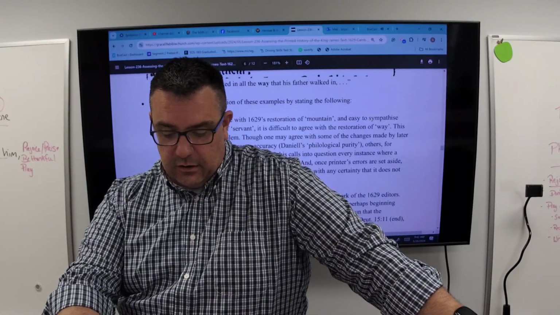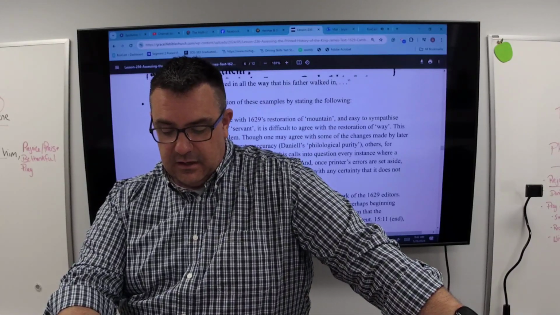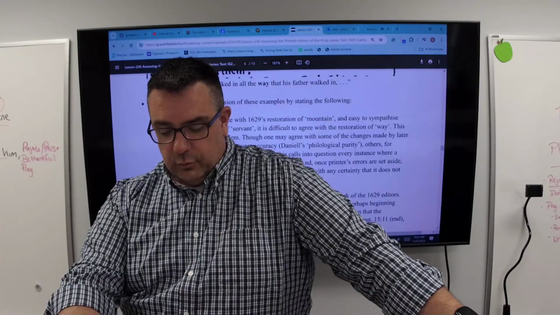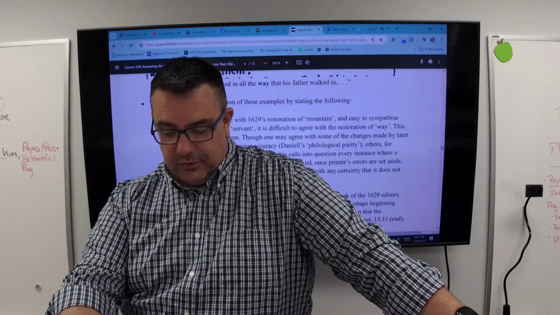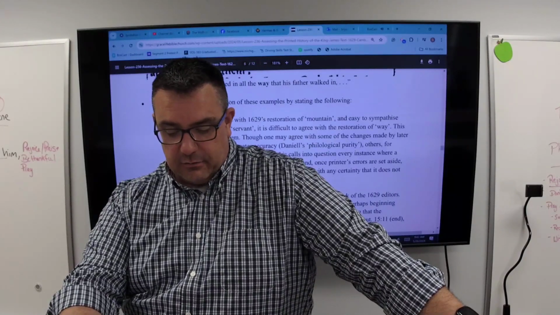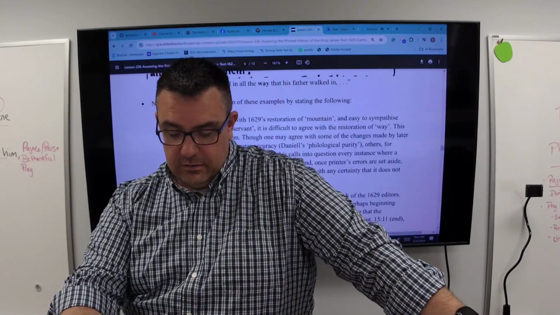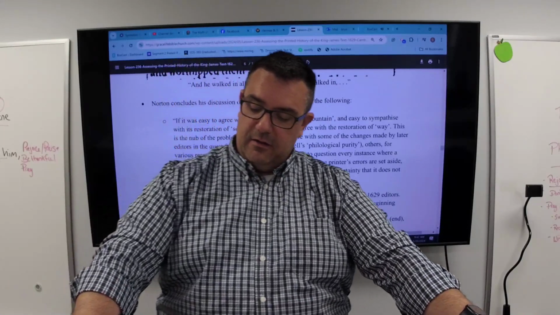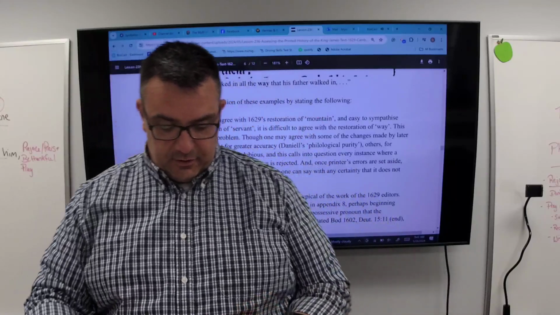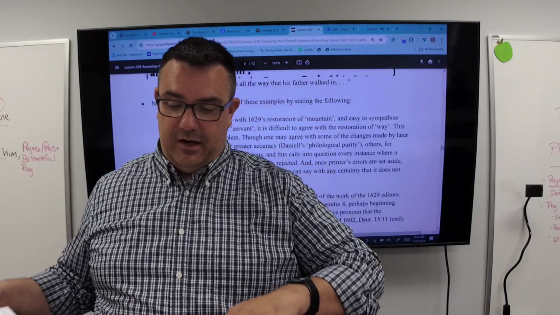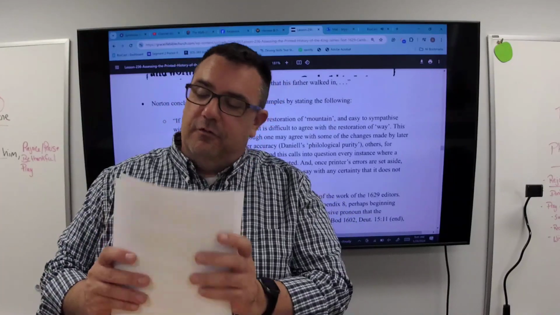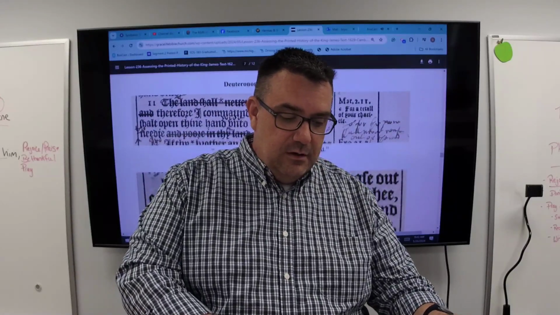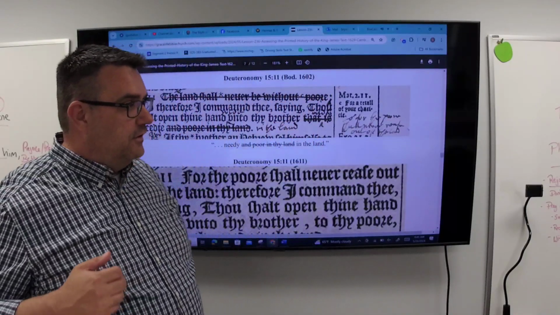The reader who wishes to go further should browse in Appendix 8, perhaps beginning with the three instances where the editors restored a possessive pronoun that the translators replaced with a definite article, as they annotated Bod 1602, Deuteronomy 15:11, Joel 3:13, and Nahum 3:7. Well, in this wonderful age of technology that we have, we can actually look at all three of these examples. Okay, so let's look at Deuteronomy 15:11 first.